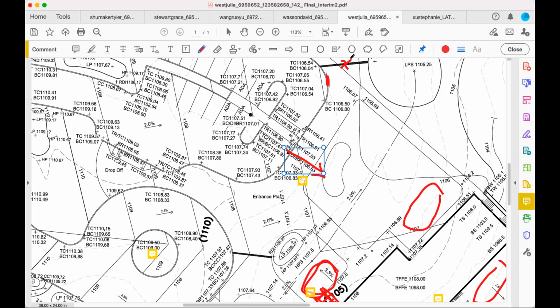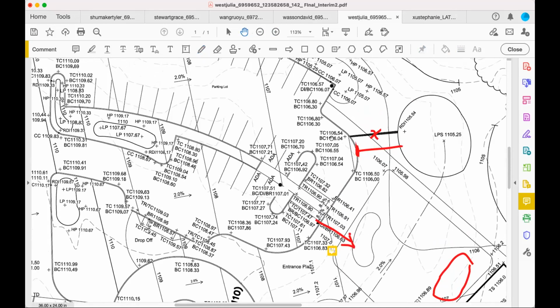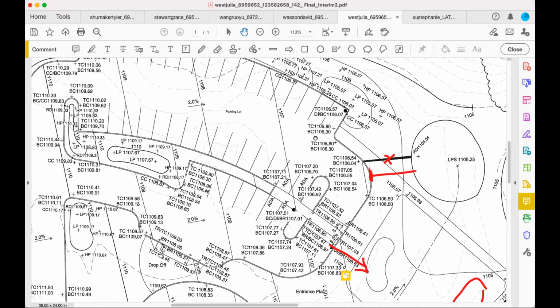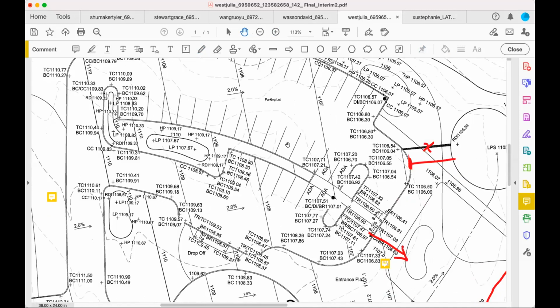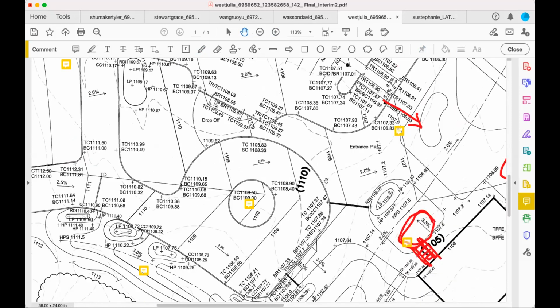Actually, that doesn't go there. That needs to go to the lowest point. Yep. Those are the correct DI locations. Good.